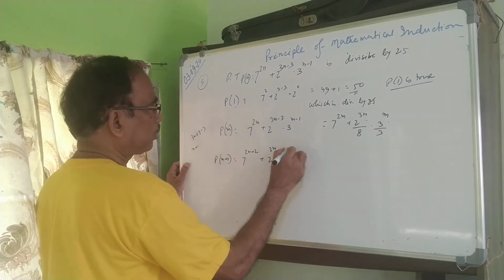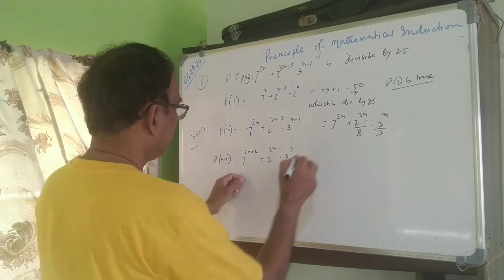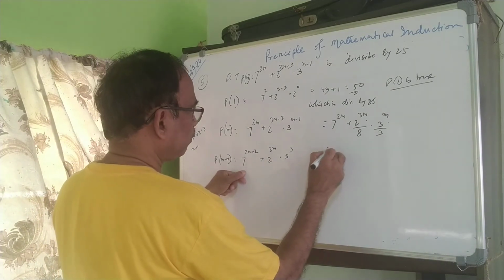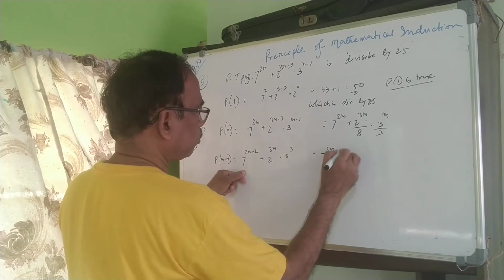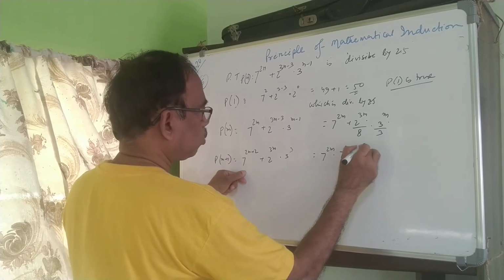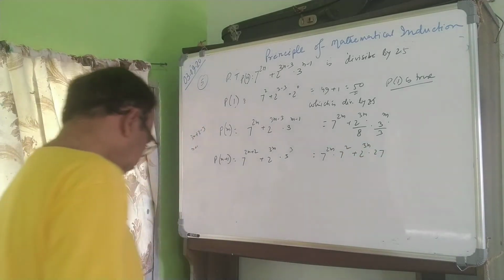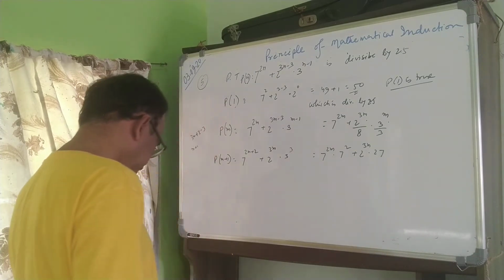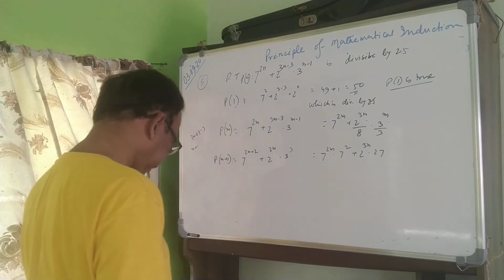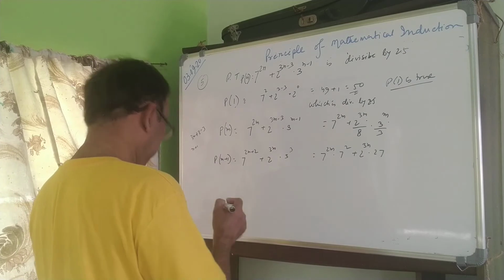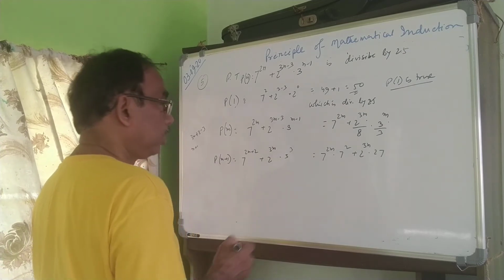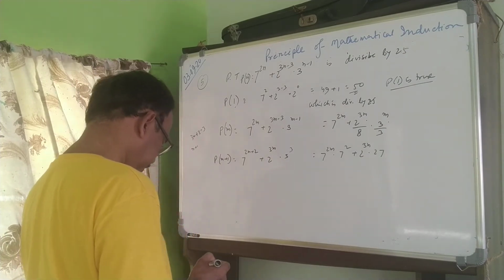That is 7^(2m) into 7^2 plus 2^(3m) into 27. So P(m+1) is this.